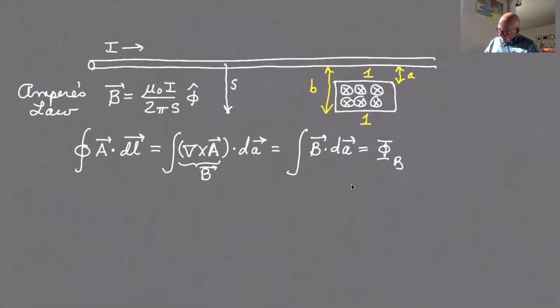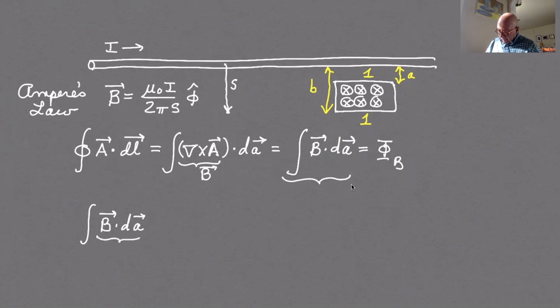So I can calculate the flux. That's going to be B dot dA. Let's first take care of the dot product.